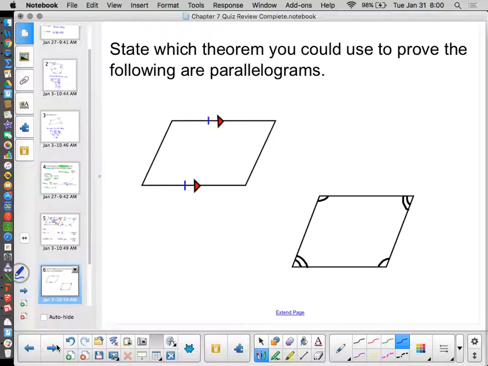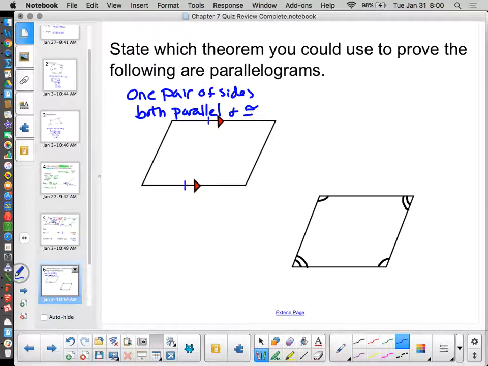You have to write that little phrase. One pair of sides is both parallel and congruent. Okay?